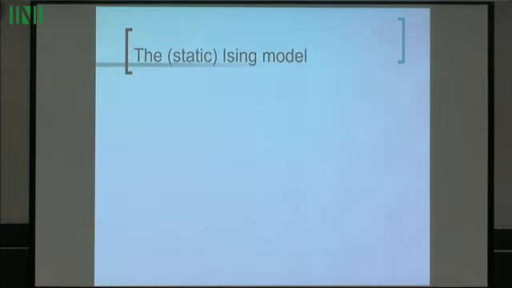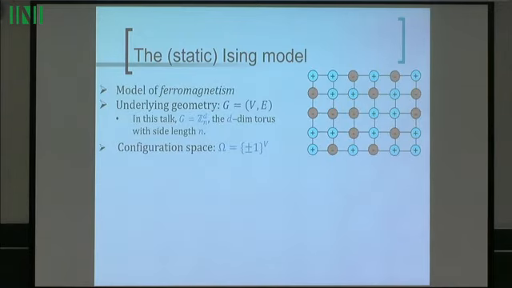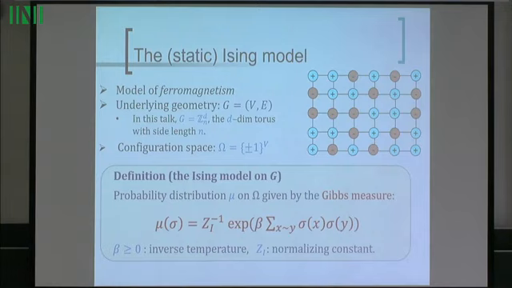So we've already seen the Ising model many times during this workshop, especially Martin's talk yesterday. One thing to remind here is that we will only be working with the d-dimensional lattice torus with side length n. Each vertex is assigned either a plus or minus spin as usual, and the configurations are distributed according to the Gibbs measure, like this.